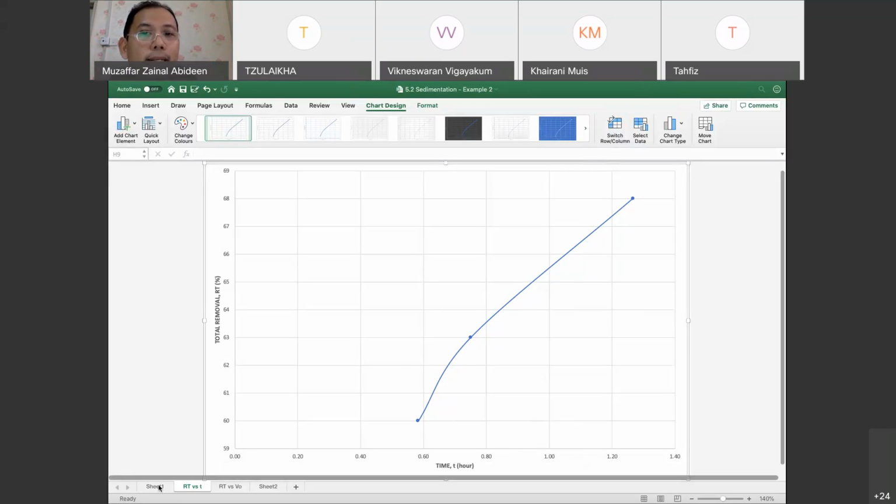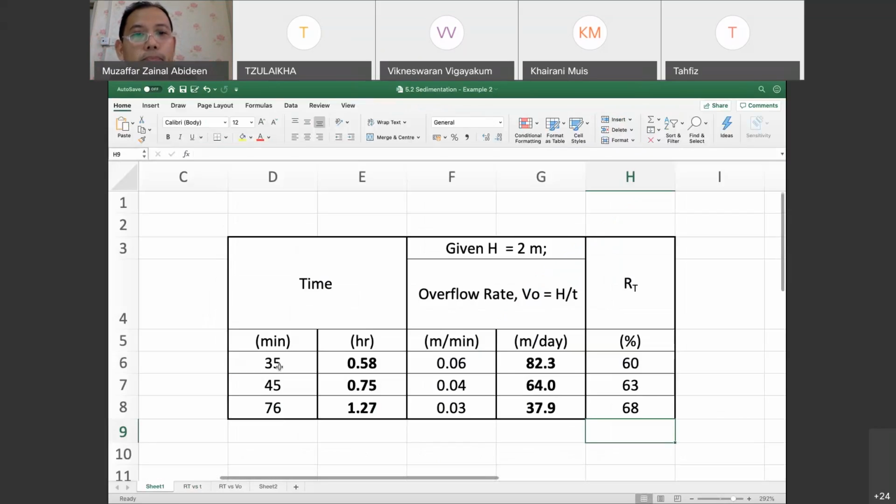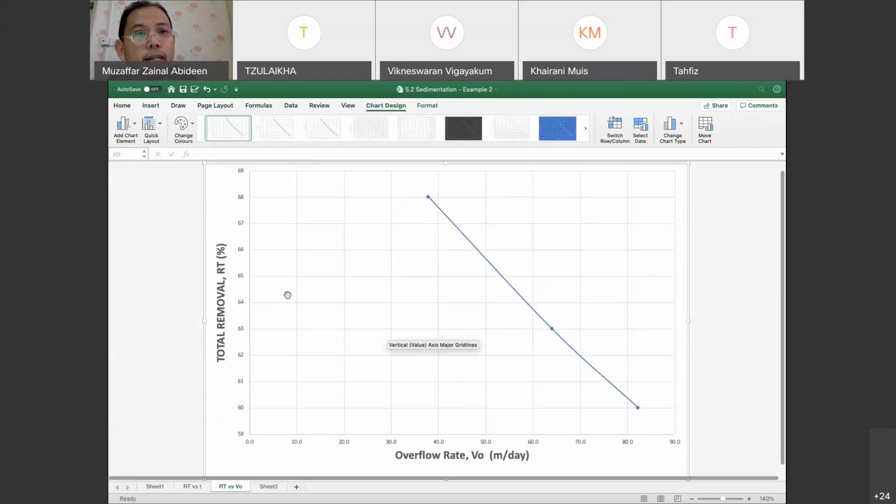Not only that, that is the time. Now we also have to plot another line, RT against the V naught. So this is the RT, this is the V naught. They said that they want to see the 65% removal.